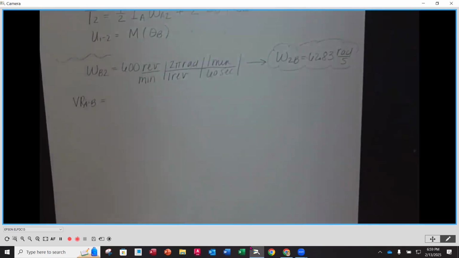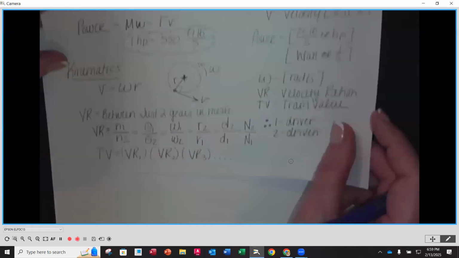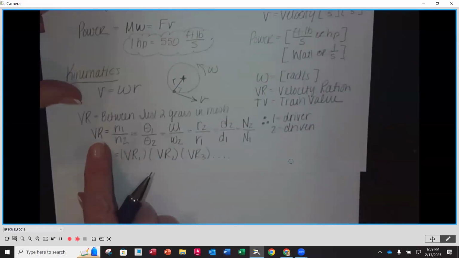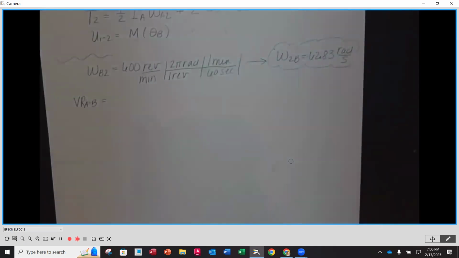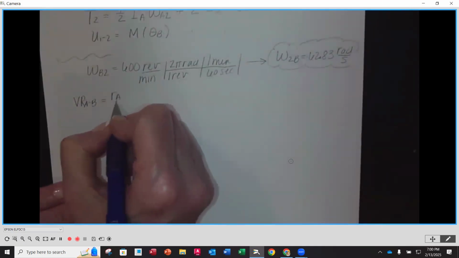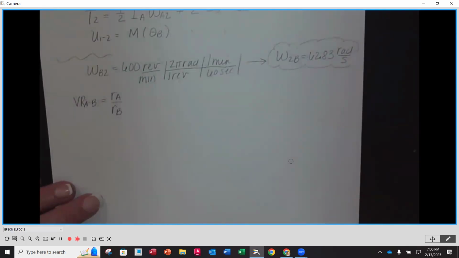If you look back at the bottom of our equation sheet, for velocity ratio we have radiuses. We take the radius of the driven, which is A, divided by the radius of the driver, which is B. So we take R_A divided by R_B.